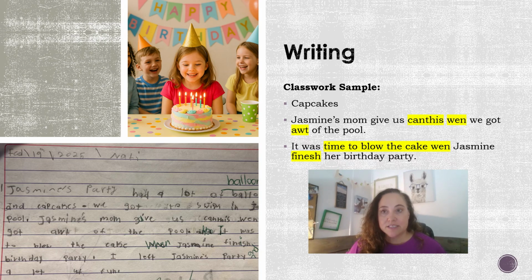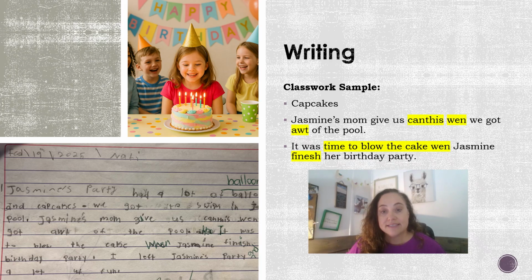So a couple of things when I found a classroom sample of her work. The first thing I noticed was that she used the word cupcakes instead of cupcakes. So I think it's important to practice those short vowel sounds, up versus up, and being able to see where her tongue and her mouth is when she is practicing those different words.